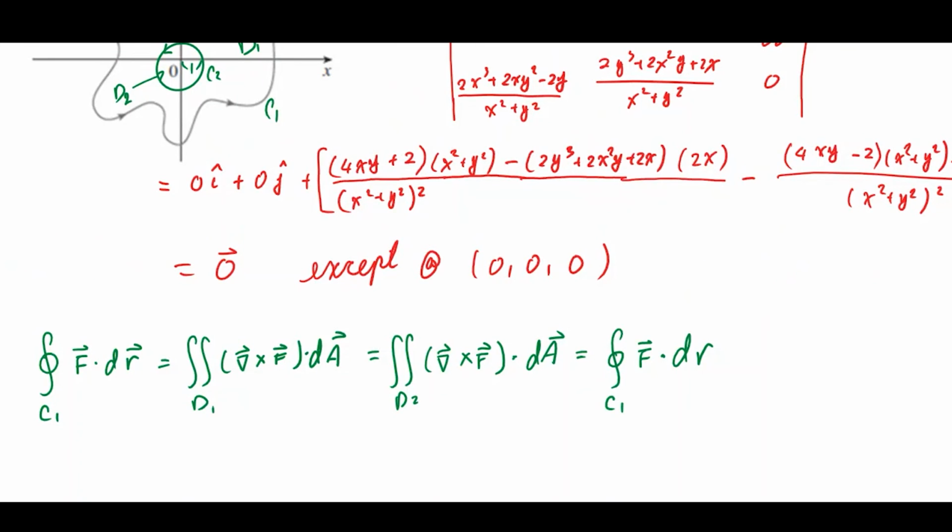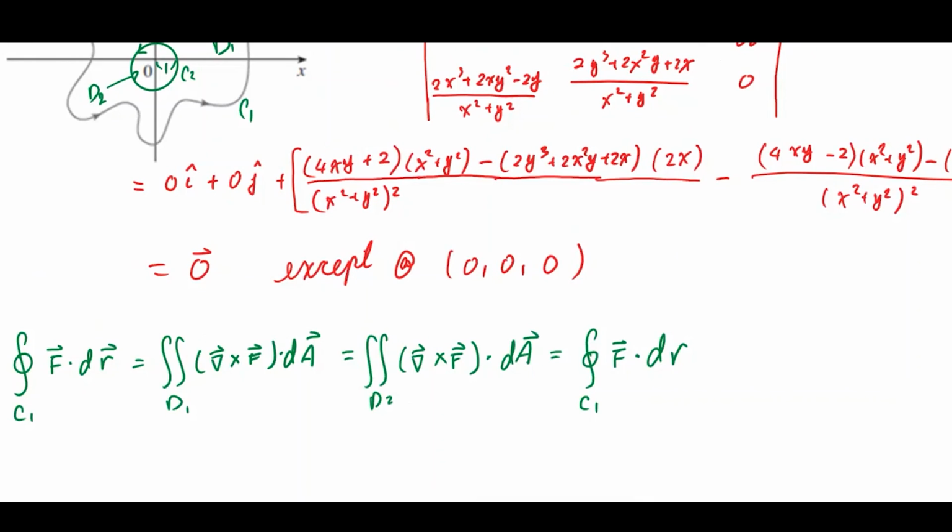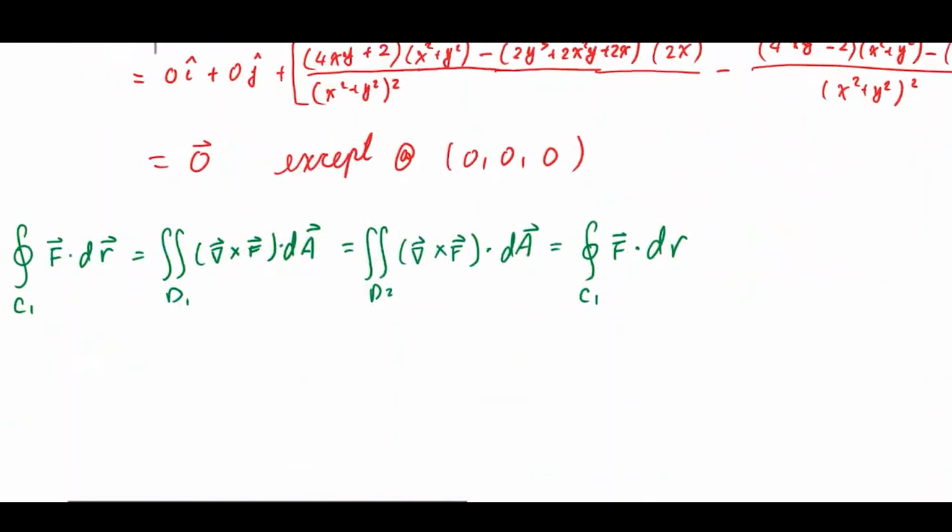Okay, now this is a unit vector. Okay, so we'll try to compute the length of this thing. Well, we have to compute this f dot dr, right? So we'll actually figure out the parametrization.